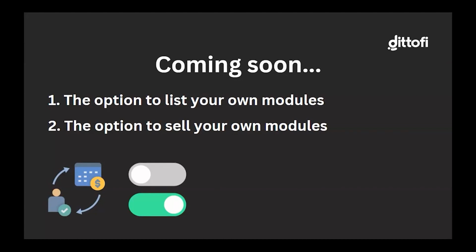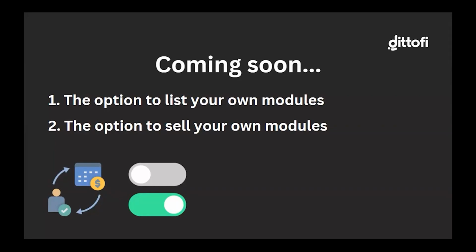You're actually today able to take bits of configuration that you have, and you're able to list those modules in the marketplace. But when you list the modules in the marketplace, you have a choice whether you want to open source them for the entire community, or whether you want to just keep them and share them just with your own accounts.